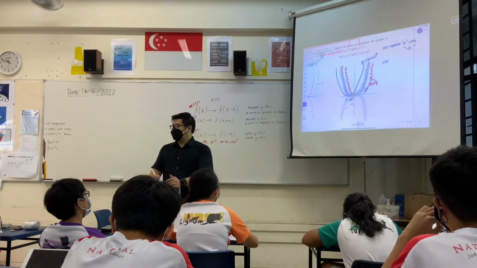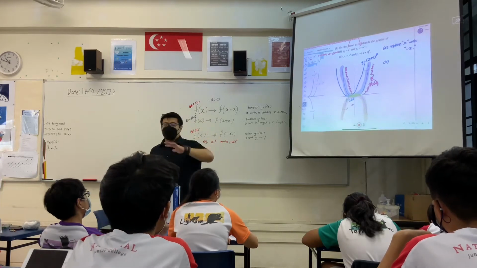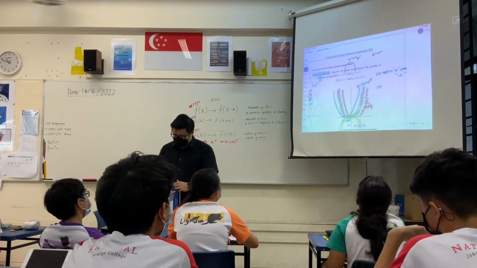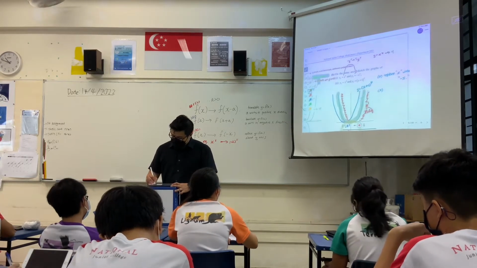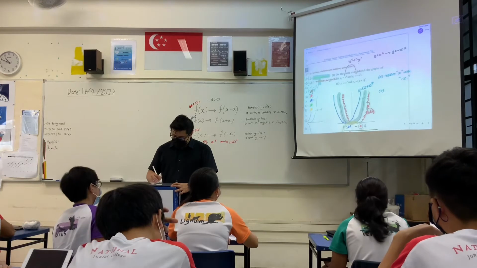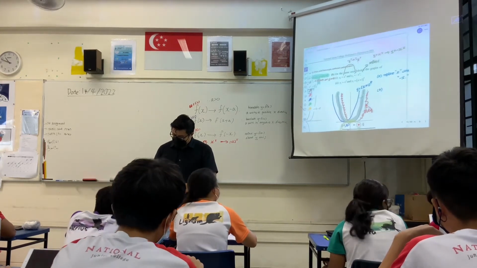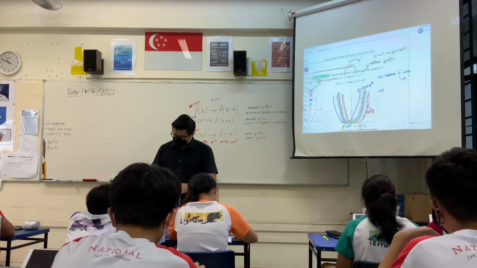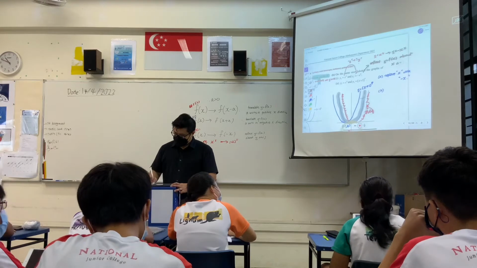How are they related? Reflect, very good, reflect. Okay, so reflect about the x-axis. Okay, this one basically is a reflection. So reflect y equals to f(x) about the x-axis.